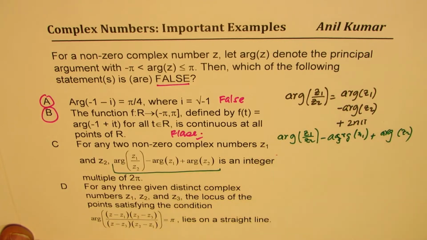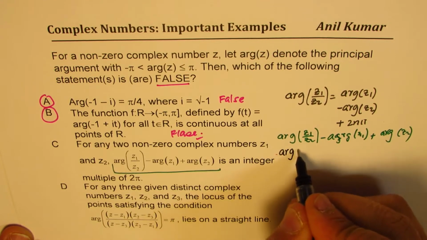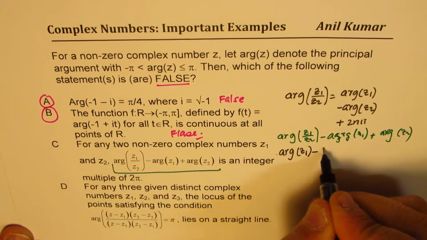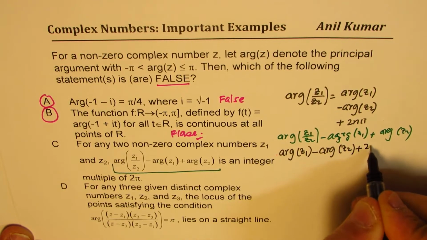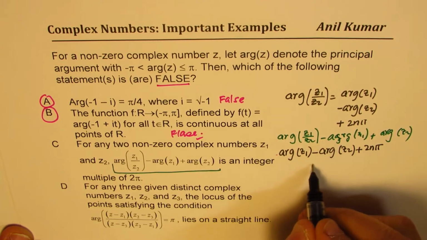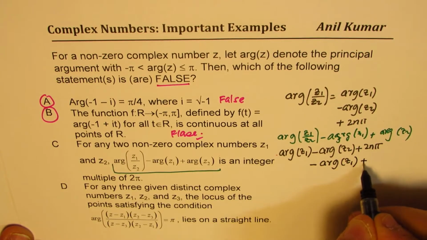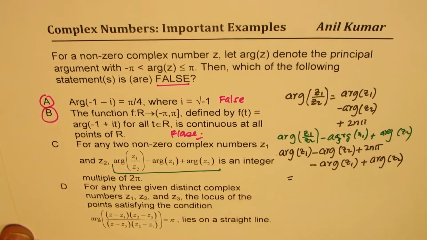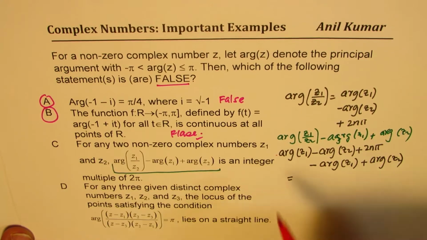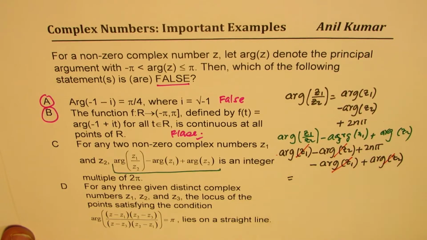So we have this as equal to the first term, argument z1 minus argument z2 plus 2n pi. Then we have minus argument z1 plus argument z2 is equal to what? So from here, z1 cancels, this also cancels. So we are left with 2n pi.